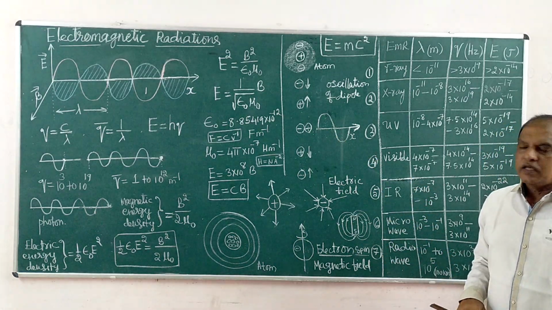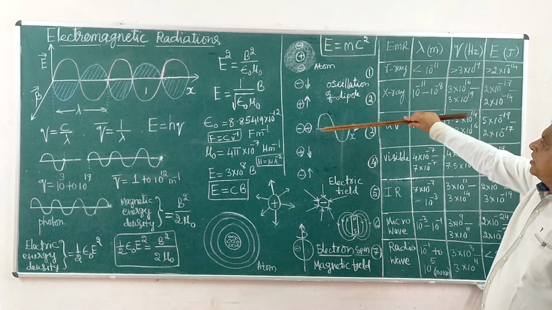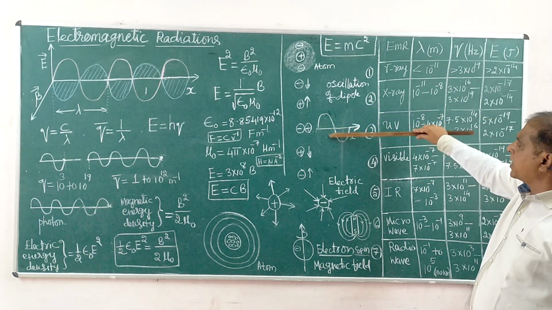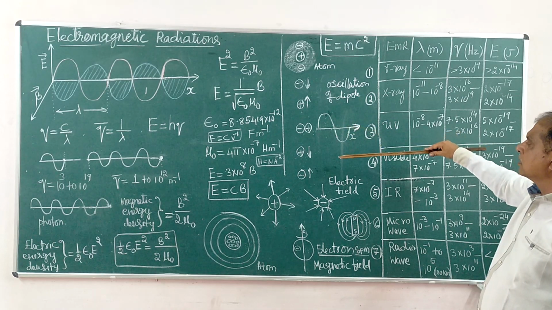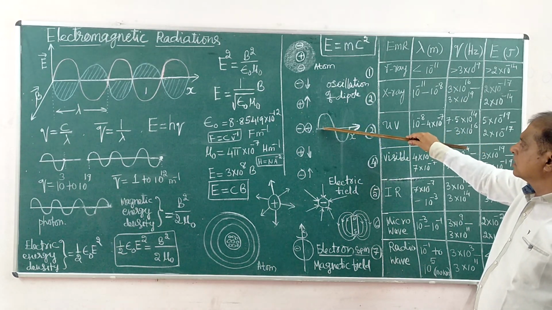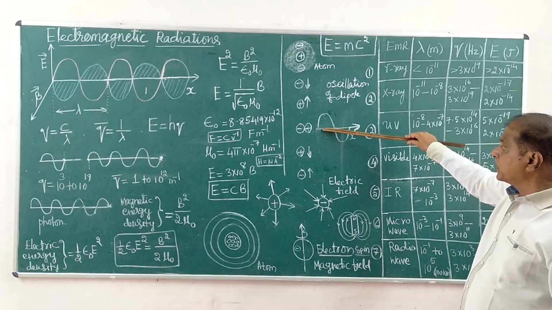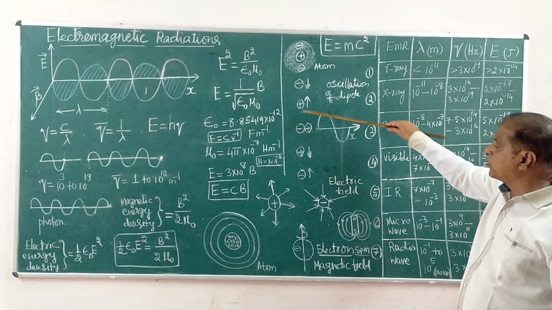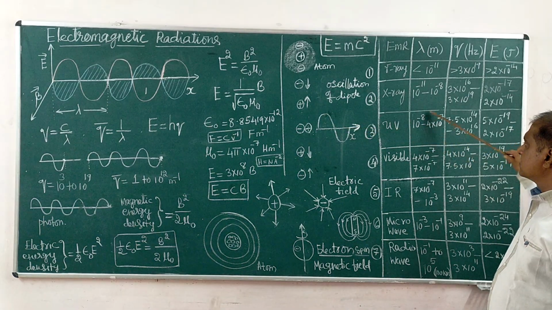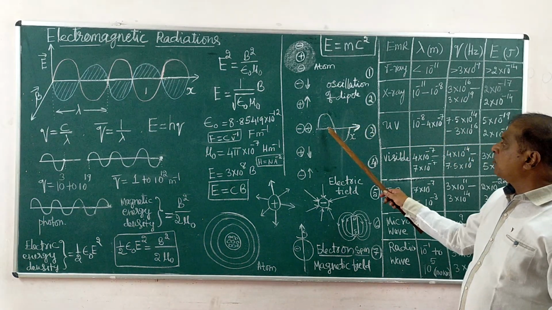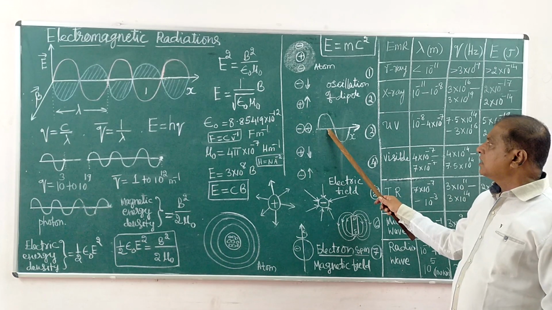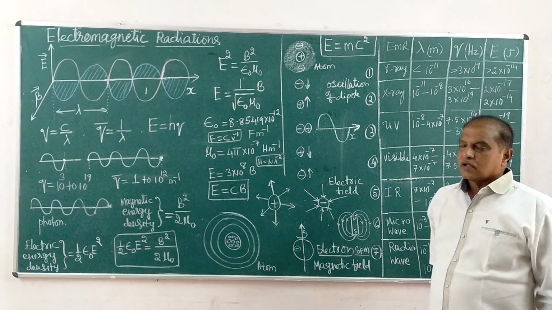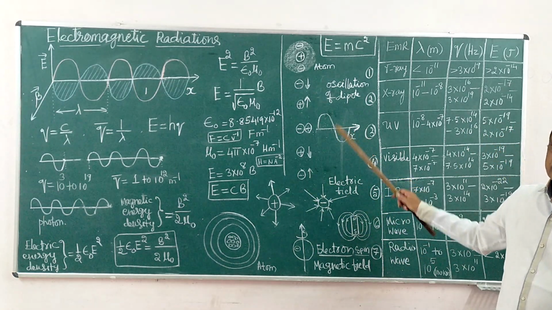Electromagnetic radiation is variation of electric field with variation of magnetic field, wave nature, carrying energy, that is conversion of one form into another form. They travel in space as an energy carrier, carrying energy from one space to another space. It is called electromagnetic radiation.